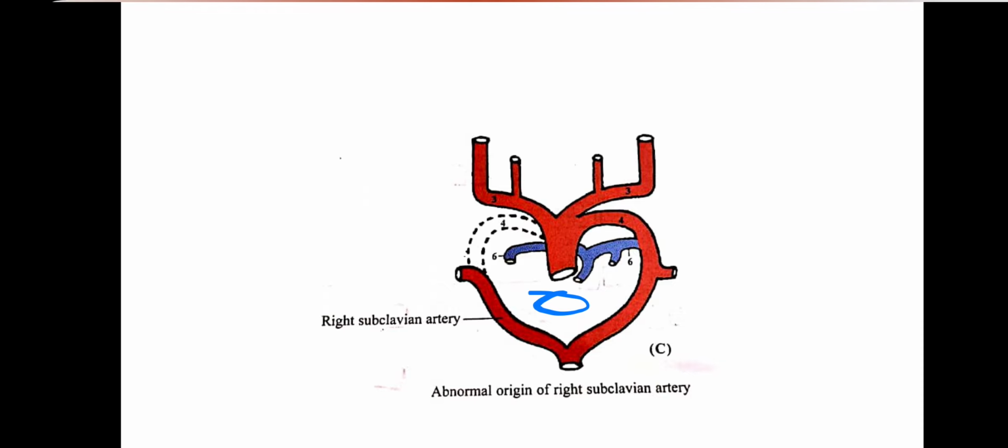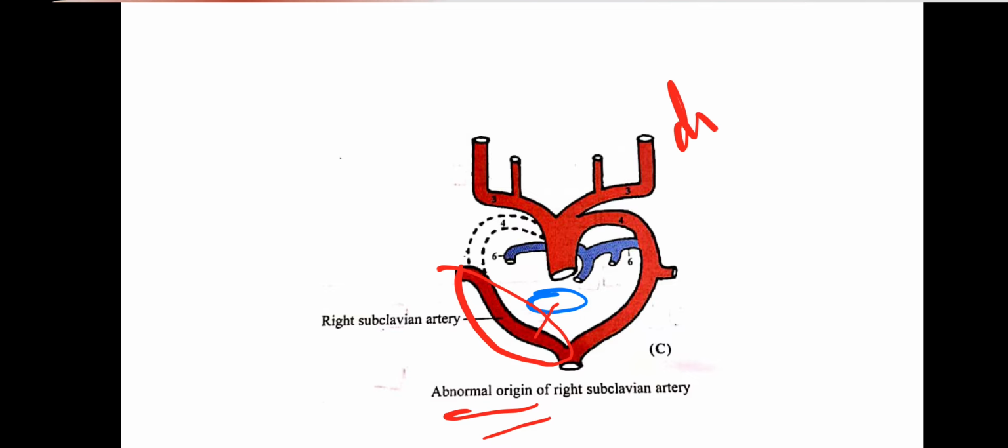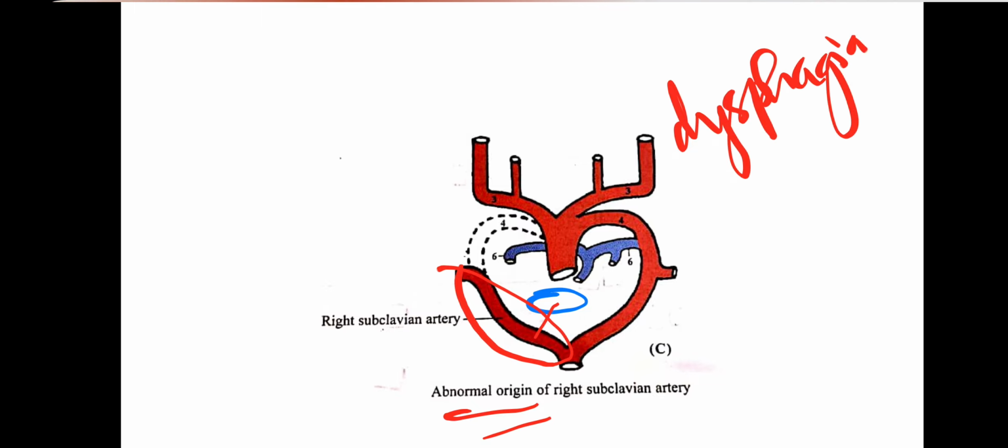Here is your pharynx, and if the right dorsal aorta is going to persist to form the abnormal right subclavian artery, chances are that it might compress the esophagus, leading to dysphagia. And what is the dysphagia called?